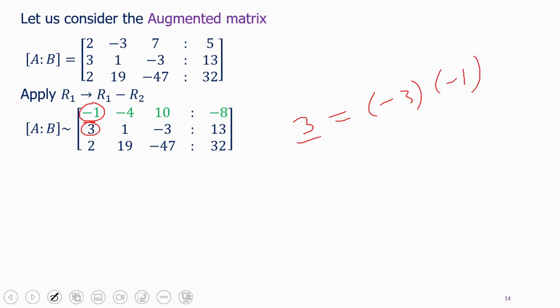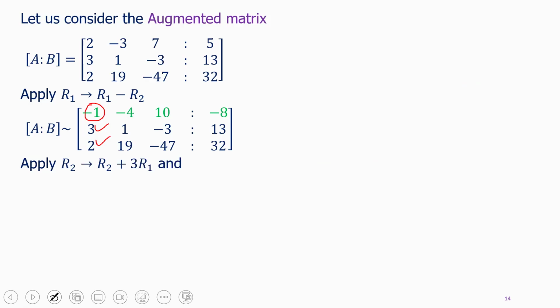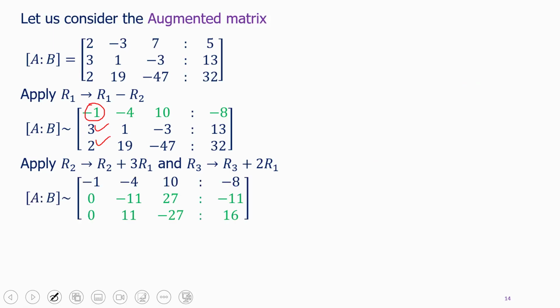Similarly, 2 can also be written as minus 2 into minus 1. So we can go ahead. With the help of this minus 1, we have to make these two entries 0. So we apply R2 plus 3R1 and R3 plus 2R1. Then if we apply this operation, we get this matrix.